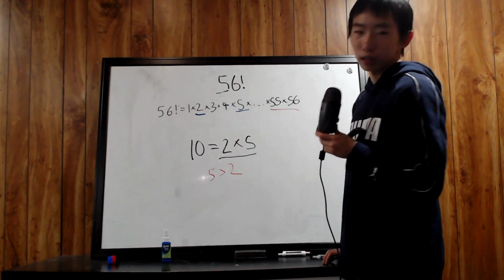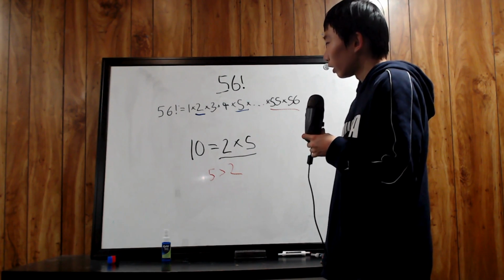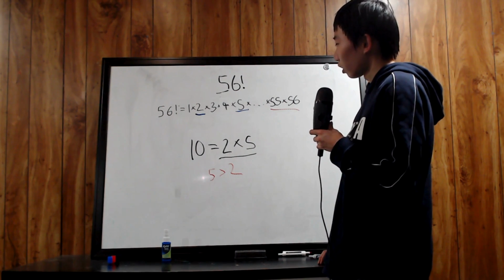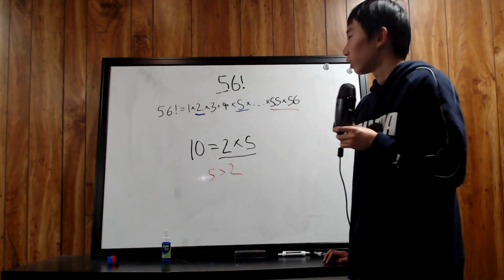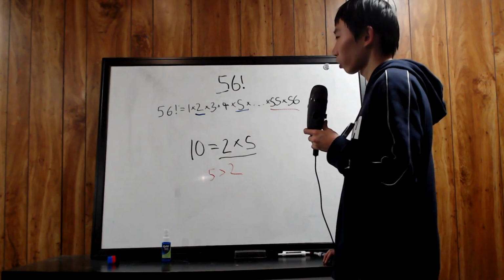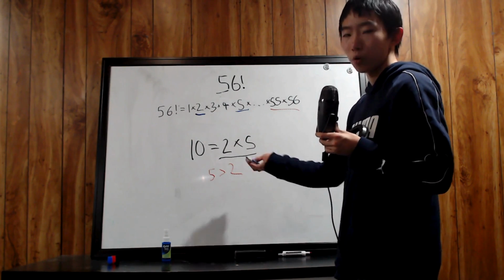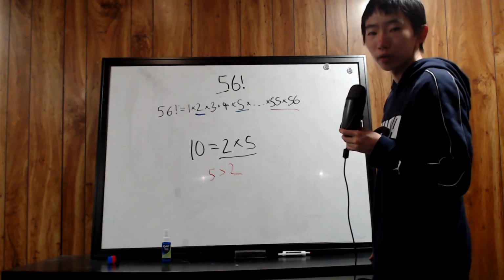Okay, so how do we count the number of factors of 5 in this factorial? Well, the only places you can find factors of 5 in 56 factorial are at numbers which are multiples of 5, for example 5, 10, 15, 20, and so on. So let's list out all the multiples of 5 in 56 factorial.